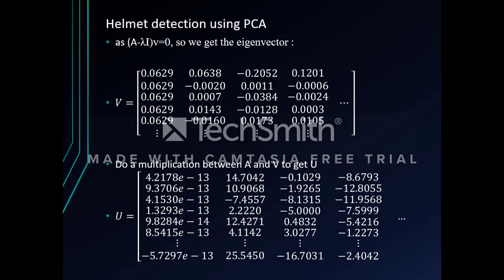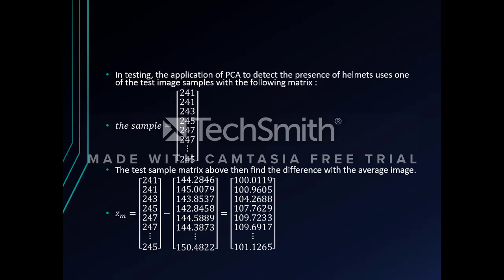Then the next step is a multiplication between A and V to get U, the variable U.